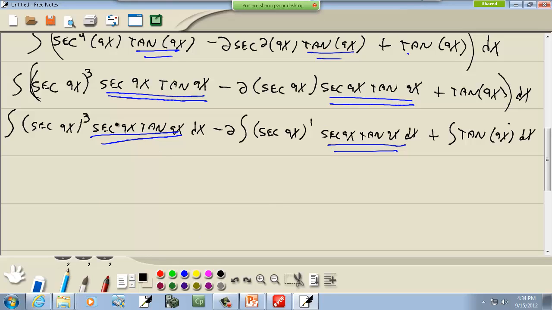Now both of these, the first and second integral, are going to share the same u substitution. So u is going to equal secant 9x. Now the derivative of secant, and this is why it works, derivative of secant is secant tangent. So we'd have secant 9x, tangent 9x dx.